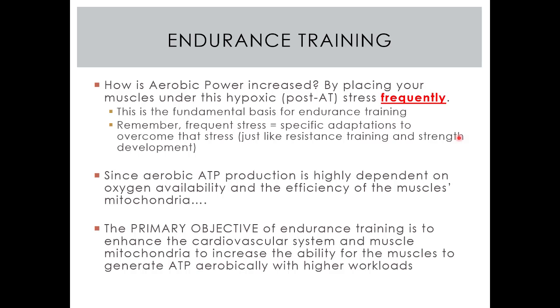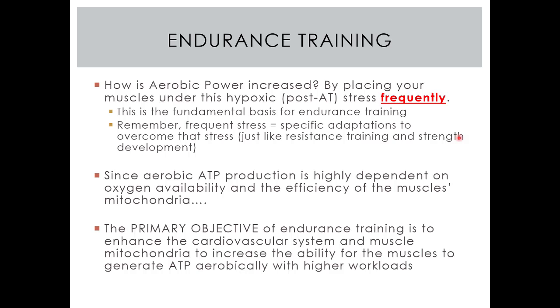So with that said, the primary objective of endurance training is to enhance the cardiovascular system and the muscle mitochondria to increase the ability for the muscles to generate ATP aerobically at higher workloads and ATP demands. This is the same thing as saying that the objective of endurance training is to enhance the cardiovascular system and the muscle mitochondria to increase aerobic power.